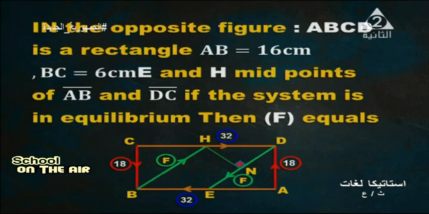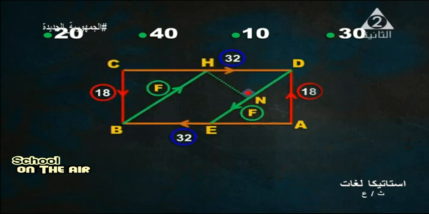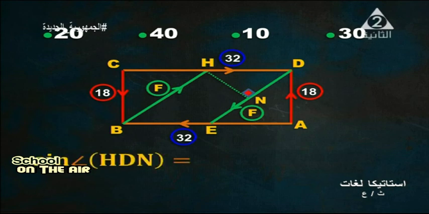My dear student, choose the correct answer. What is the value of F? 20, 40, 10 or 30. Look again. We have ABCD as a rectangle. We have two forces, 18 and 18, forming a couple, 32 and 32 the second couple, F and F the third couple.